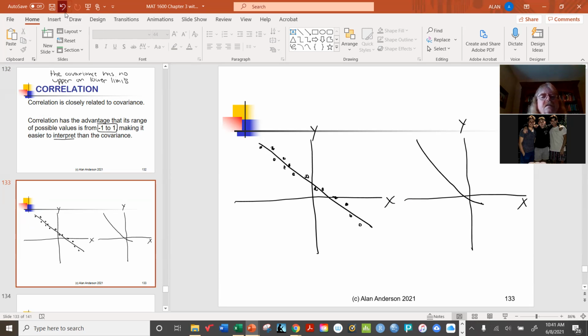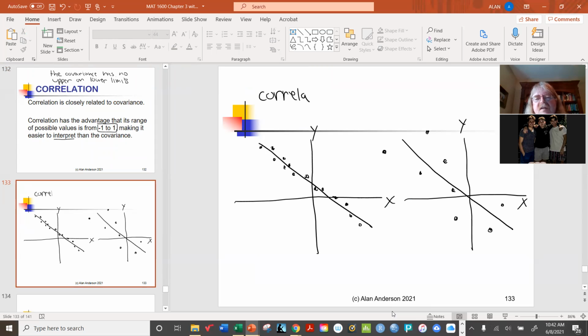Now, with the covariance, we couldn't really tell these two apart, but here, for example, the correlation is going to be very close to -1.